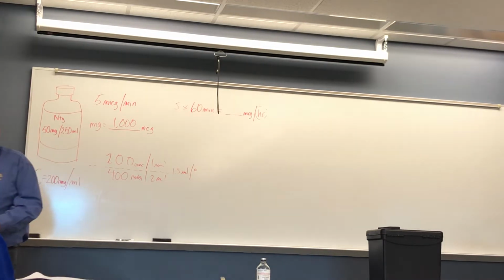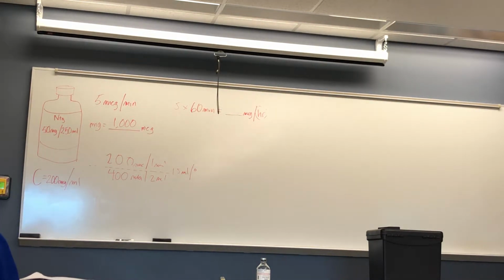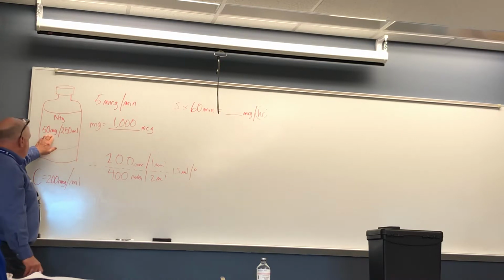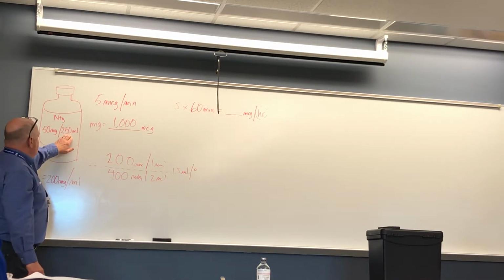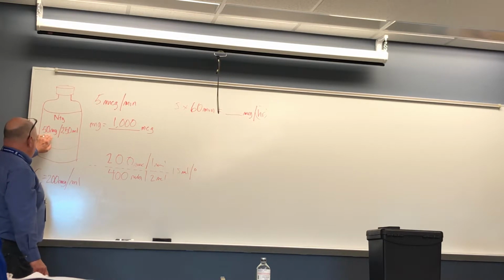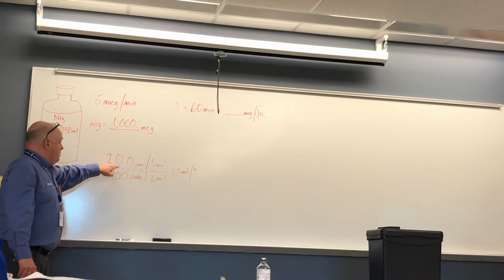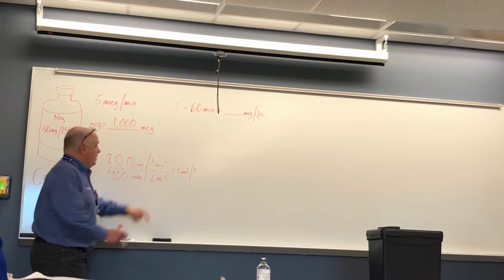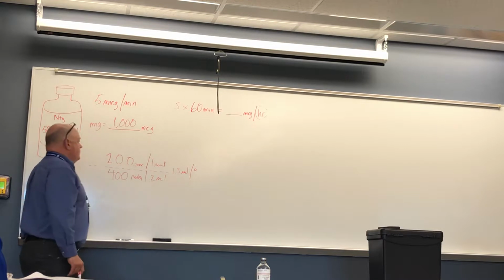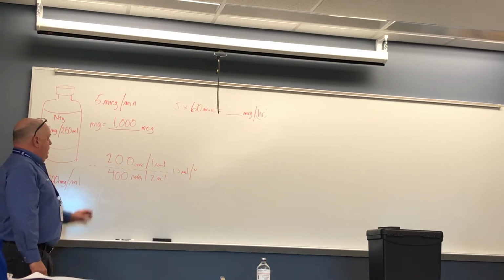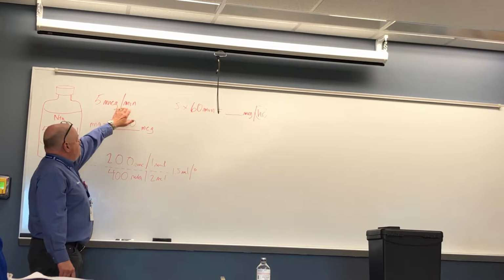Is everybody totally clear how we got there? I can say it again. You got 50 milligrams and 250 ml. So you divide 50 by 250, and you get 0.2, so it's 0.2 milligrams per ml. And 0.2 milligrams is 200 micrograms per 1 ml. You dose it at 5 mics per minute.